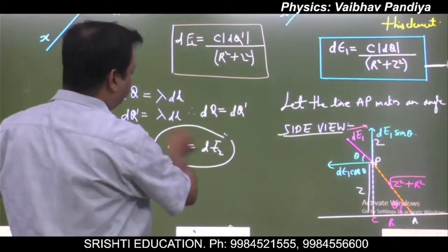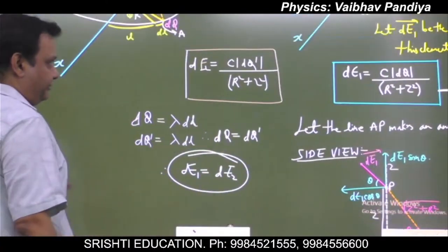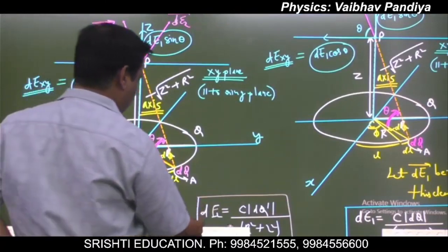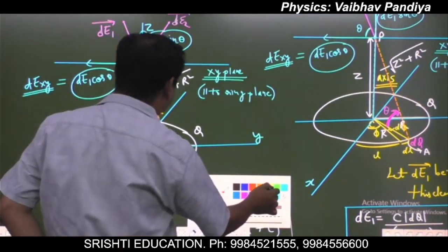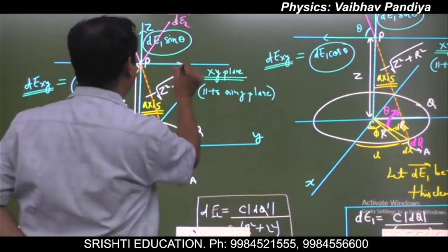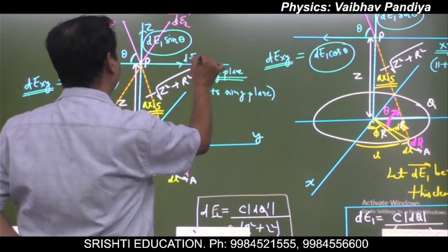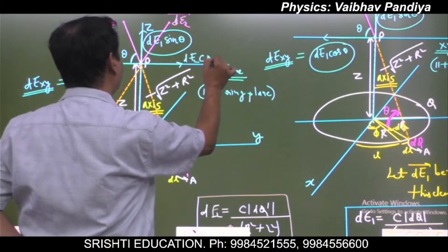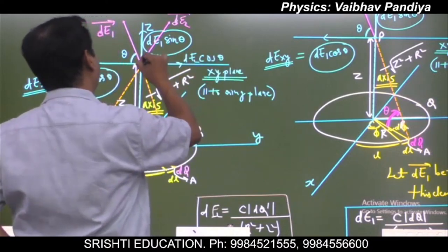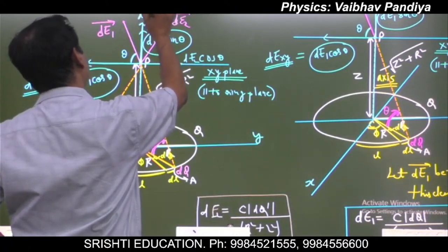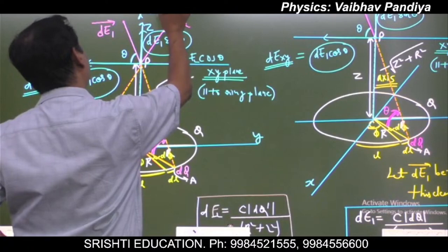Now this is something which is beneficial for us. If you take the components of dE2, it will give you components in a similar way, one in the xy plane, dE2 cos theta, and one along the z axis, dE2 sin theta.